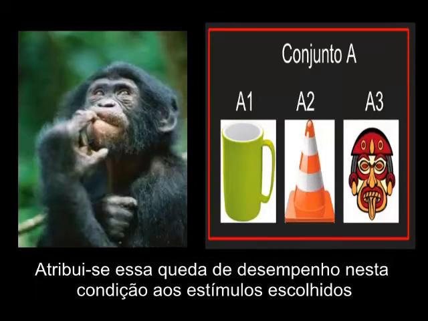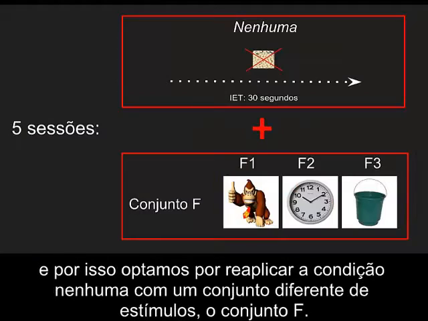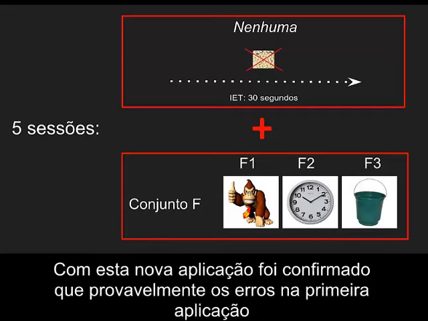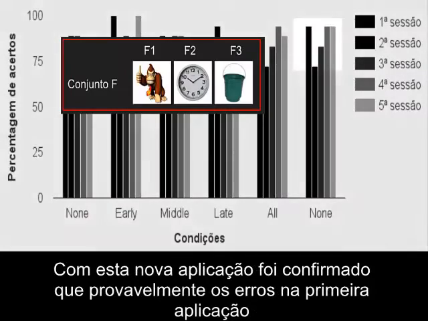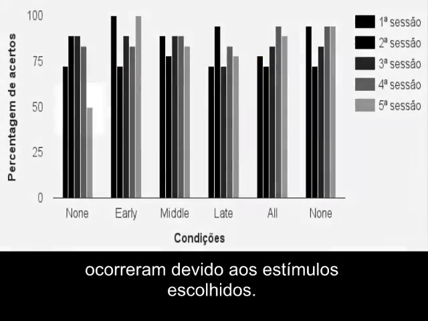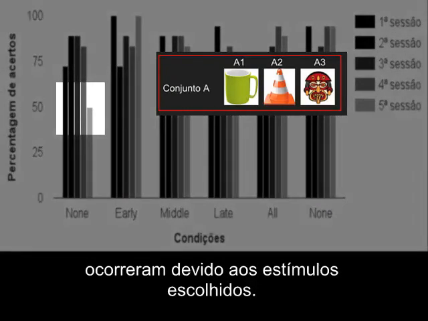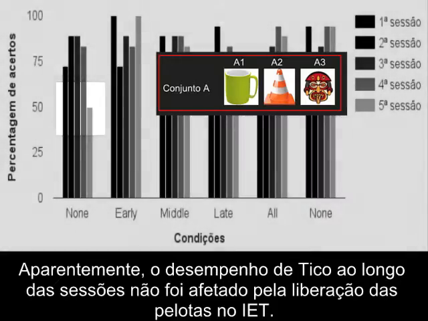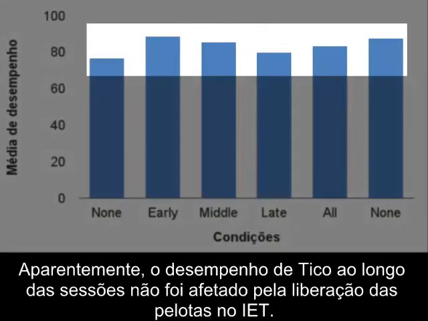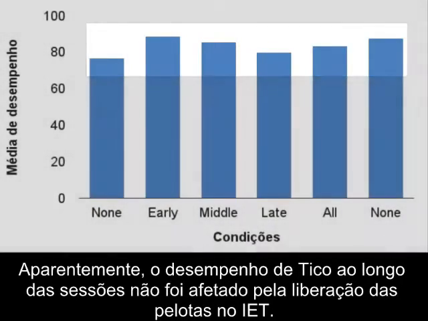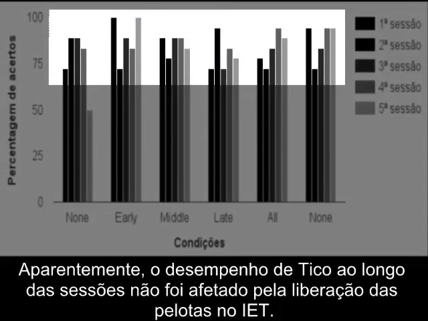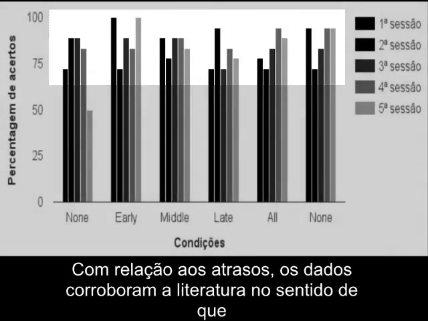We attributed this drop in performance to the selected stimuli, so we chose to reapply the condition none with a different set of stimuli, the set F. With this new application it was confirmed that it is likely that the errors in the first application occurred due to the selected stimuli. Apparently Tico's performance throughout the sessions was not affected by release of the pellets in the ITI.